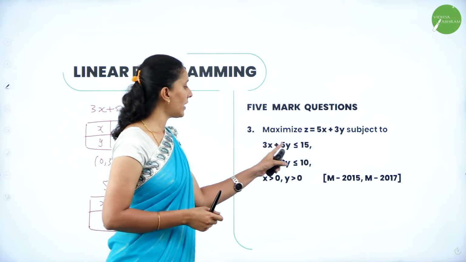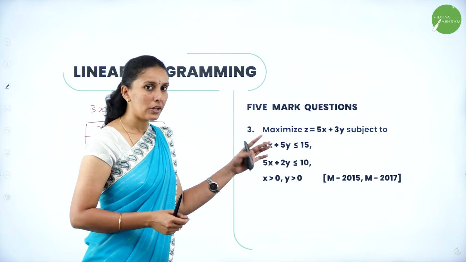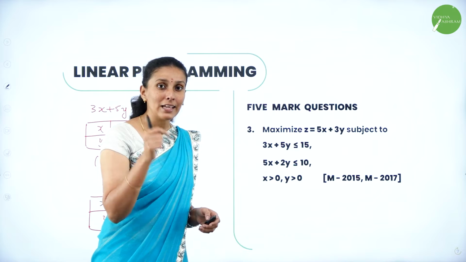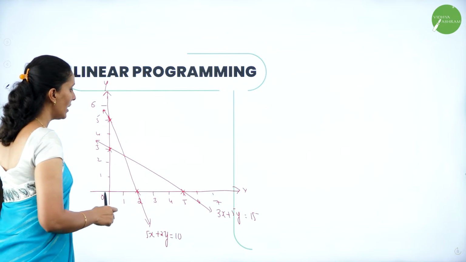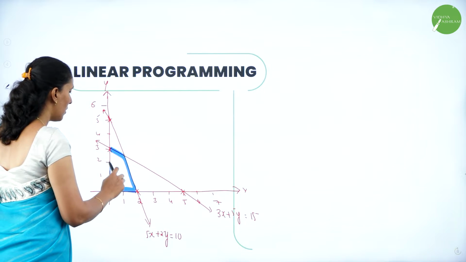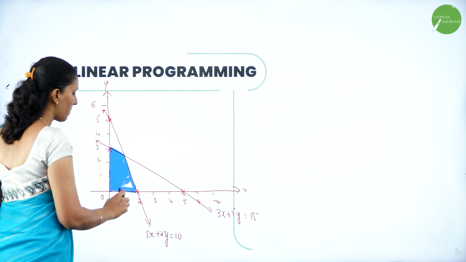If you put x and y both as 0, you will get 0 less than or equal to 15, and again 0 less than or equal to 10. That means 0 lies in the solution region of these inequalities. So this will form a common solution region for both the lines.